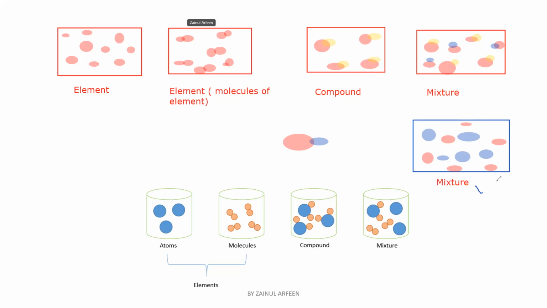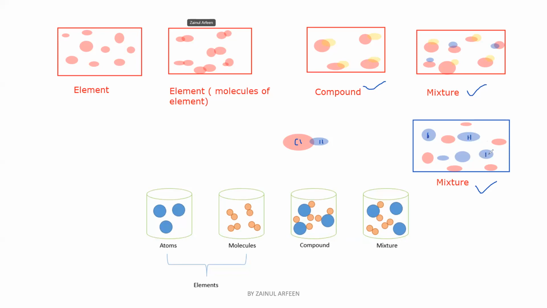Is it clear? So this is a mixture, and this is a compound. The difference is that in a compound they are chemically joined together. For example, hydrogen combined with chlorine will form hydrogen chloride. But in a mixture, hydrogen is separate and chlorine is separate.